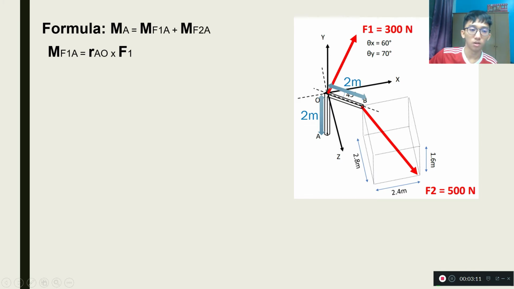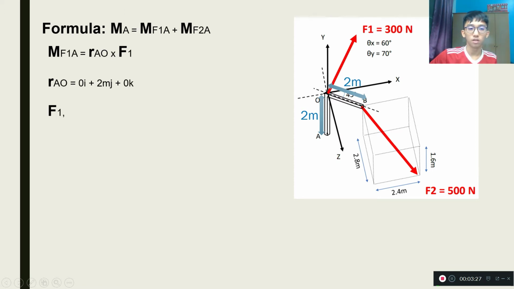So our RAO equals 0i plus 2j plus 0k. After we find RAO, we have to calculate F1 now.